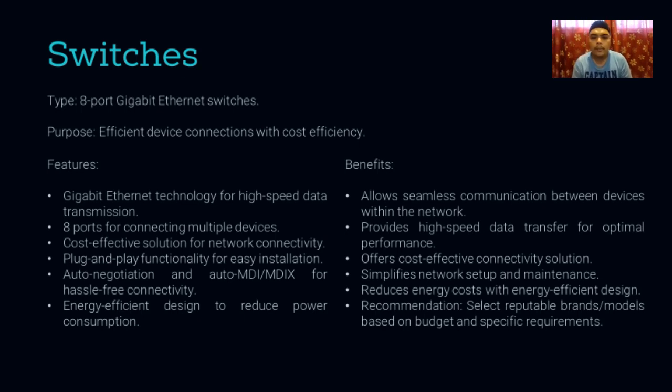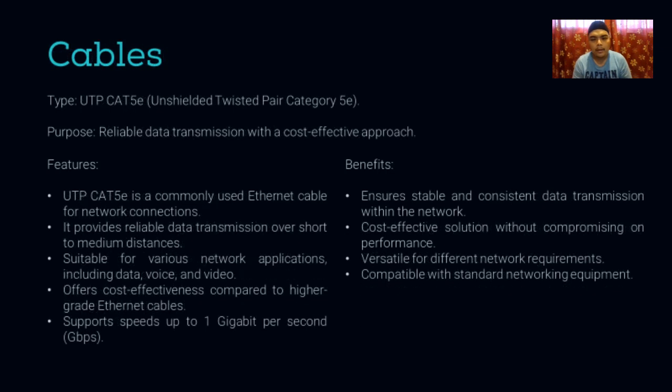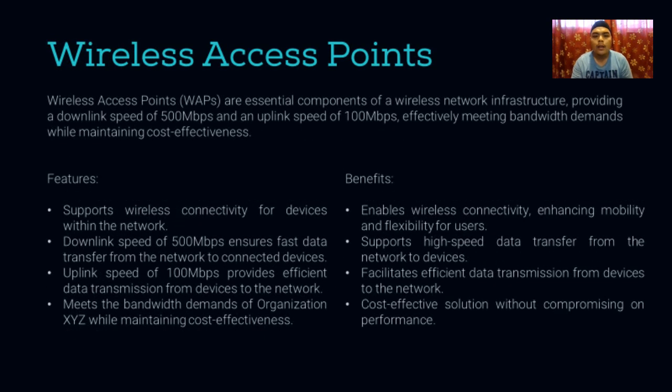We have chosen UTP Cat 5e cable for connecting network devices in organization XYZ. These cables strike a balance between cost effectiveness and performance. They provide sufficient bandwidth to meet the organization's network requirements, enabling fast and reliable data transmission without the need for more expensive cable options. In our proposed network solution, we recommend deploying Wi-Fi 5 access points in meeting rooms.